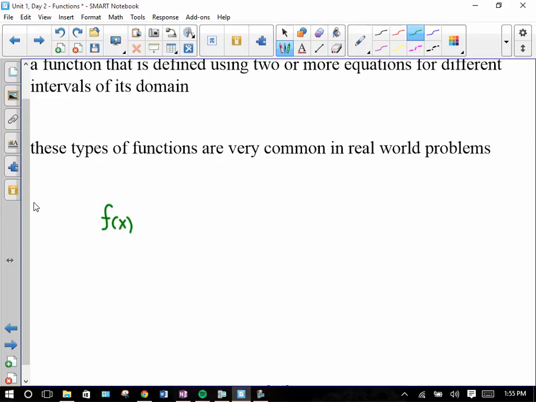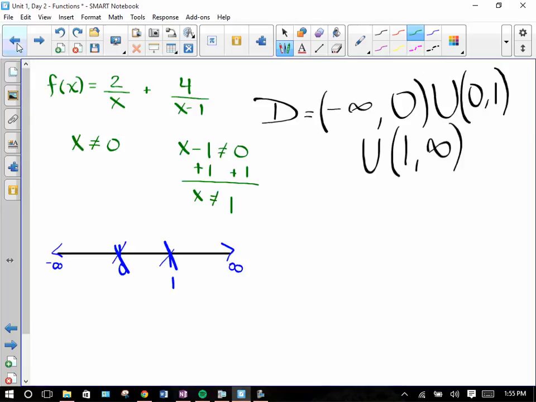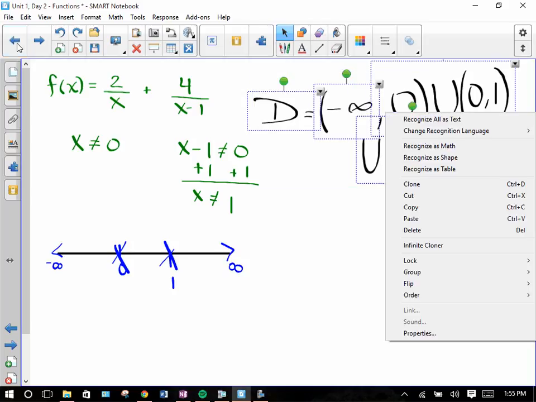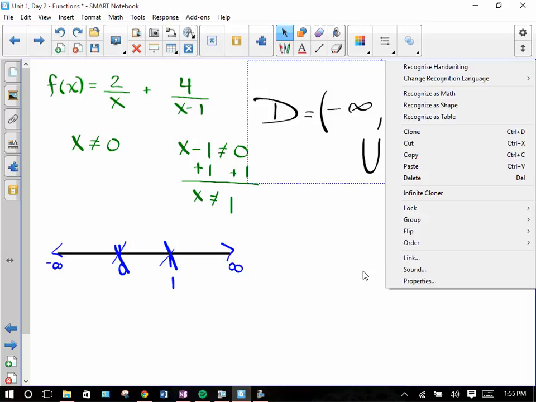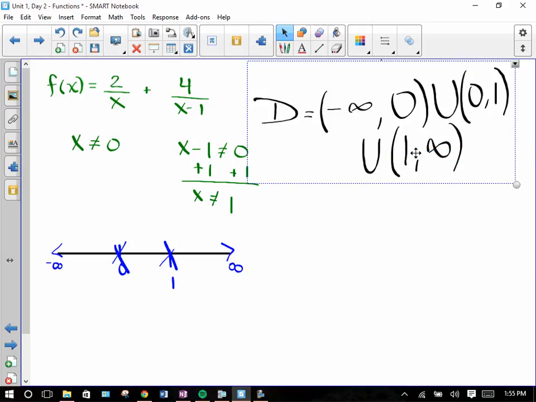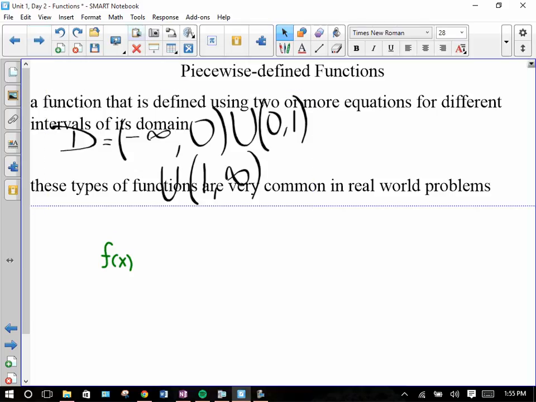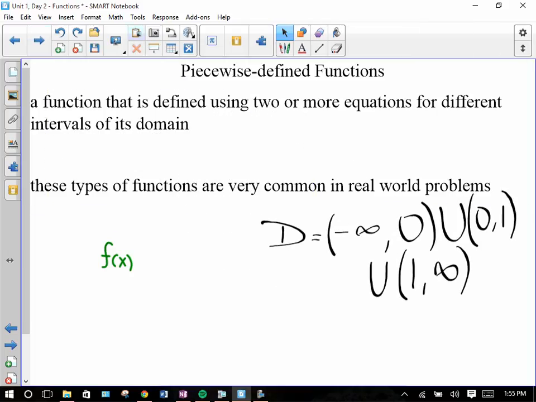And actually, we'll even do this. I'm going to take the domain that we just had over here, group it, copy it, and bring it over here just so that I can look at it so I can write a problem.